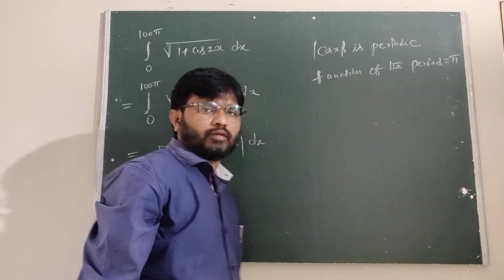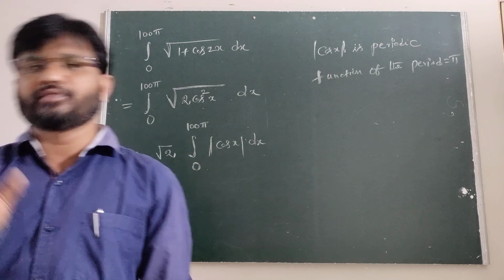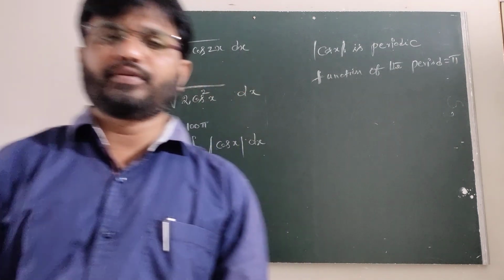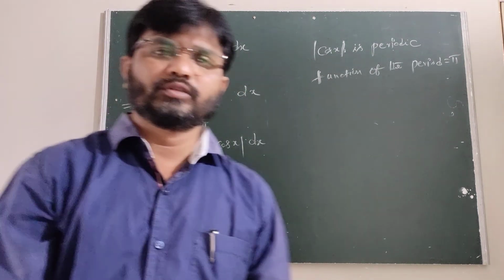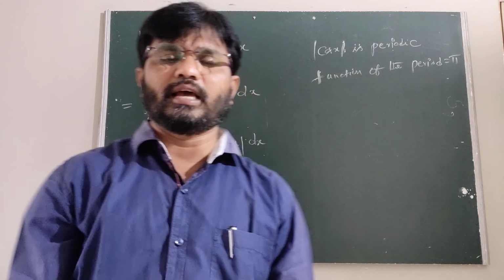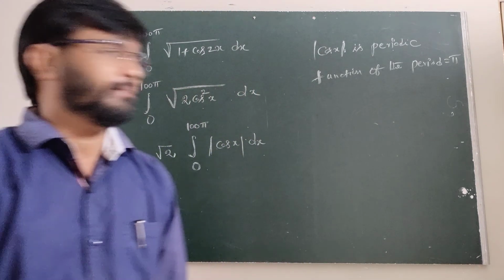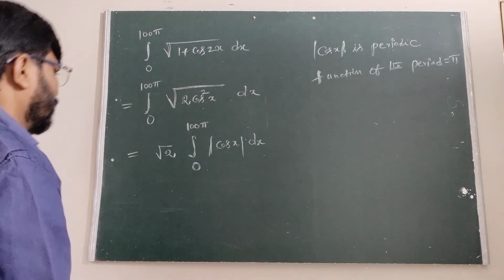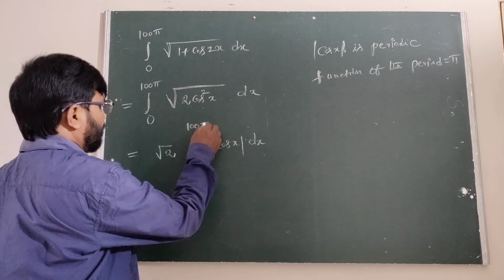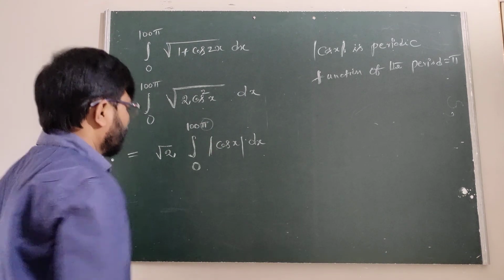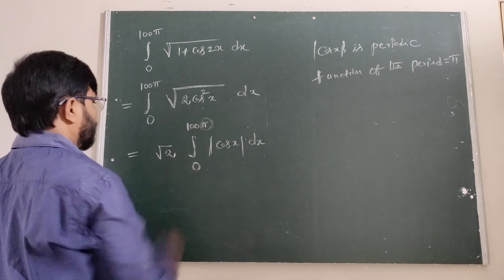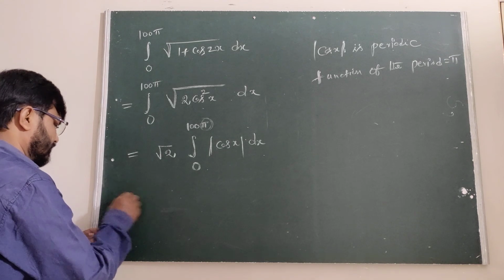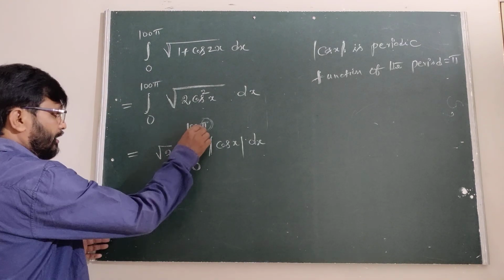We know that mod of cos x, mod of sin x, and mod of tan x all have period π; every modulus function here has period π. Therefore we can write this as 100 into π.